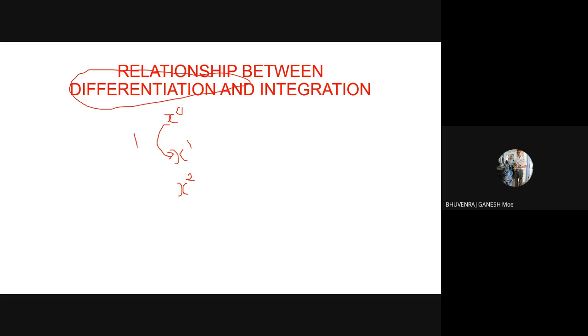So tadi saya dah cakap, untuk pengamilan kena tambah kuasa. You need to plus the power. Okay, very good. So if X power 1 to X power 2, integration or differentiation? Integration also still. As long you keep on add the power, selagi kamu tambah kuasa X tu masih terkandung di bawah pengamilan.